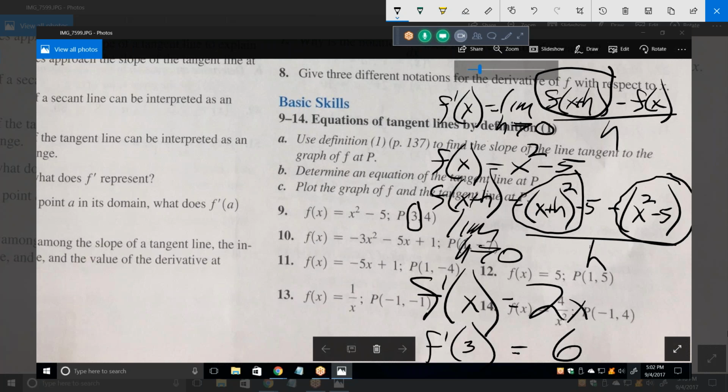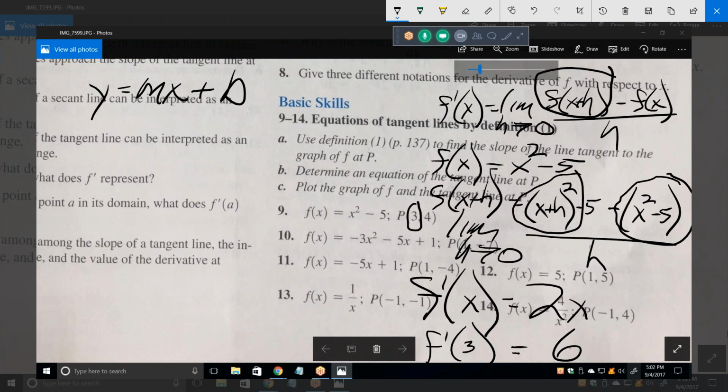Slope. Always slope. Okay? Now, we've got the equation of the tangent line. It's a line. It's linear. It's going to have a linear format. It's going to either be y equals mx plus b format. We could figure that one out.